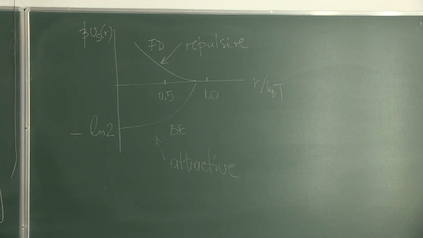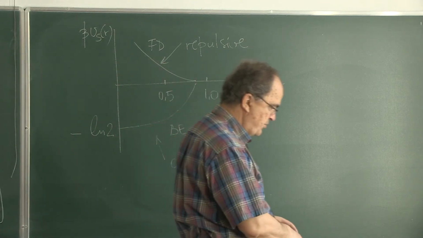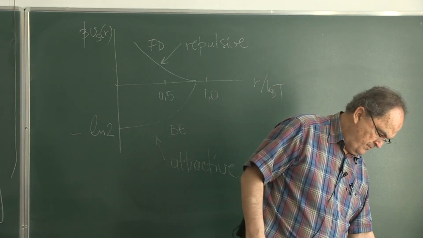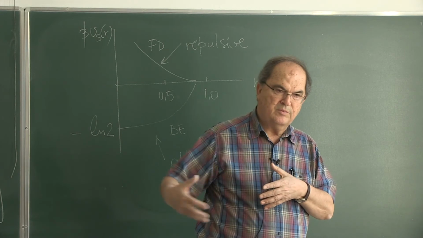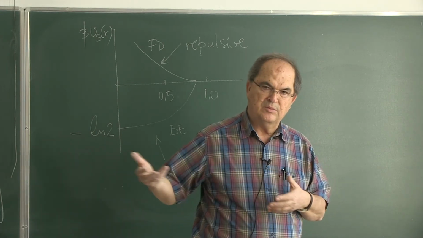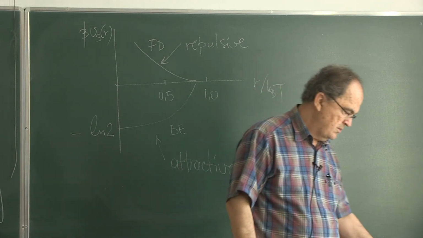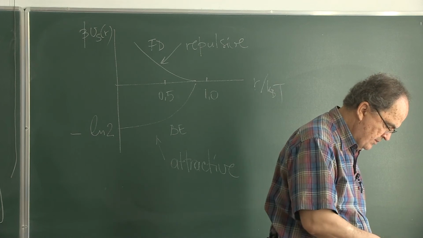Okay? That's the important difference between the two. So a statistical attraction between bosons, a statistical repulsion between fermions. Extremely important.